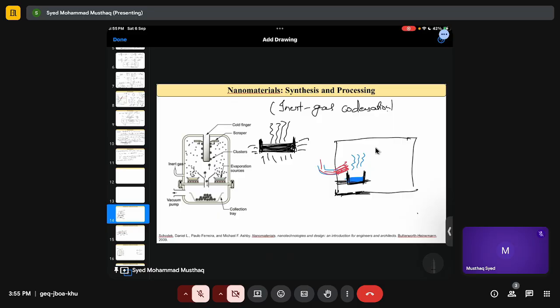This inert gas will carry these fumes upwards, and here I have a cold finger, mostly a metal.